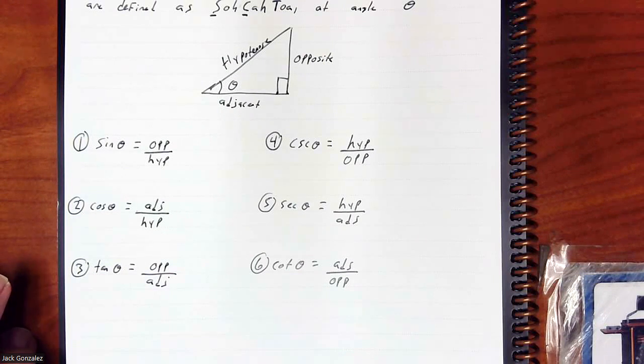This is pretty much the main thing we're going to need for the homework. So what they're going to do is give you triangles to solve. And you use these ideas to find the missing pieces.